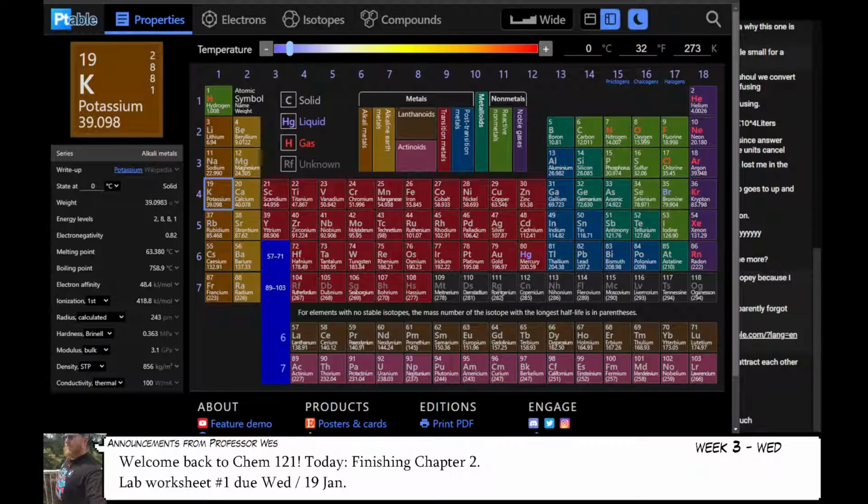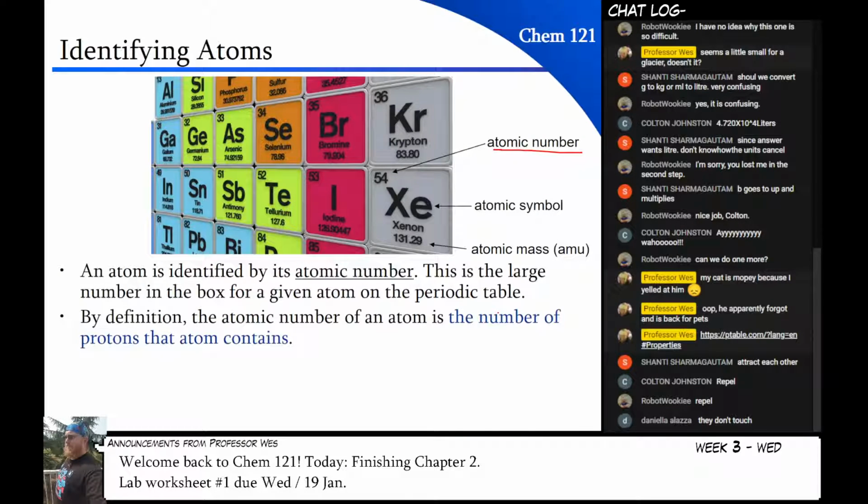What does that mean? The atomic number is the number of protons that atom has. So everything is defined around the number of protons. If you have 1 proton, you are hydrogen. If you have 2, you are helium. If you have 3, lucky you, you're lithium, and so on. We don't use the number of electrons to define stuff because the number of electrons changes.